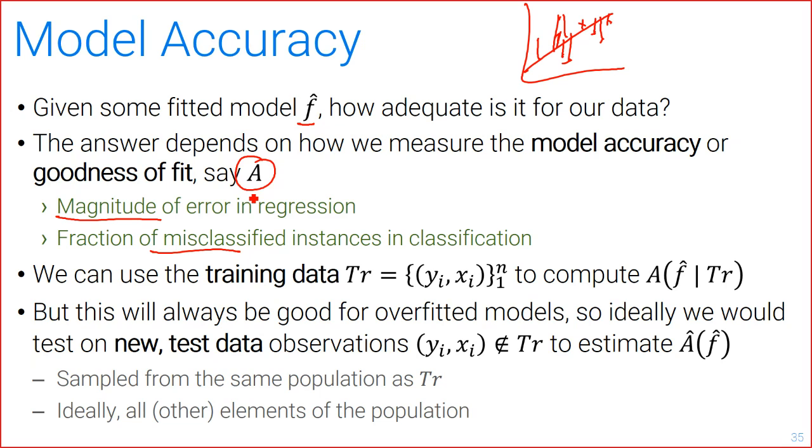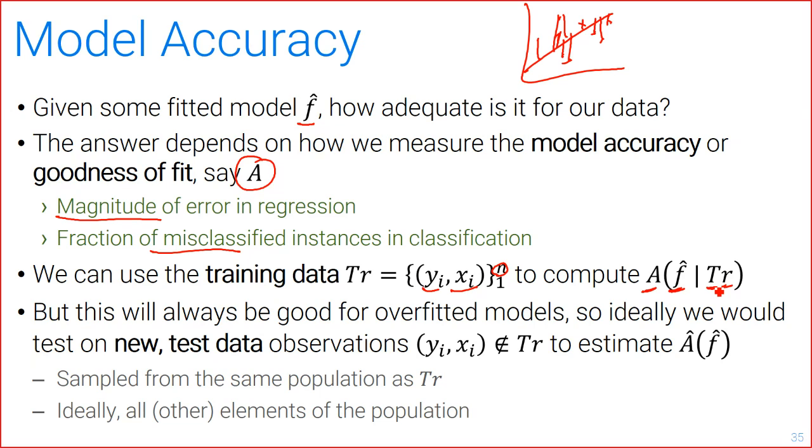And so if we use the training data, let's call it TR, the training data we know contains n observations of the response and the independent variables. And in principle, we could compute what is the accuracy of the function given the training data. So we could see in this training data how large are the errors or how often do we misclassify in this specific training data.